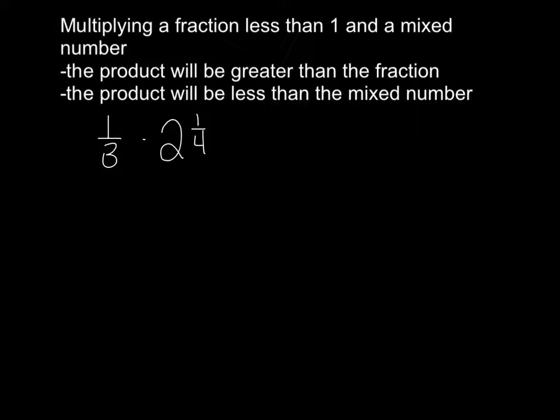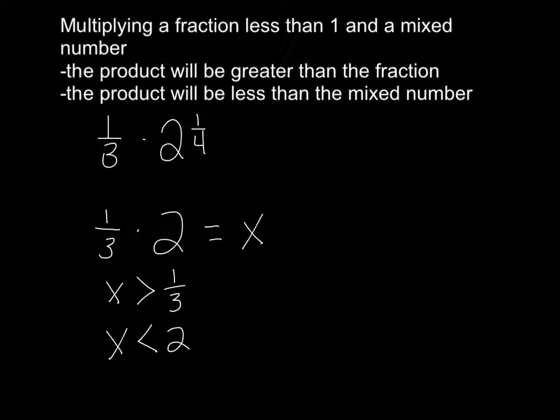Well, imagine that it was 1/3 times 2. When you saw that, you'd know that if we were looking for a value x, that x would be greater than 1/3, and that x would also be less than 2. But compare that to the equation at the top.